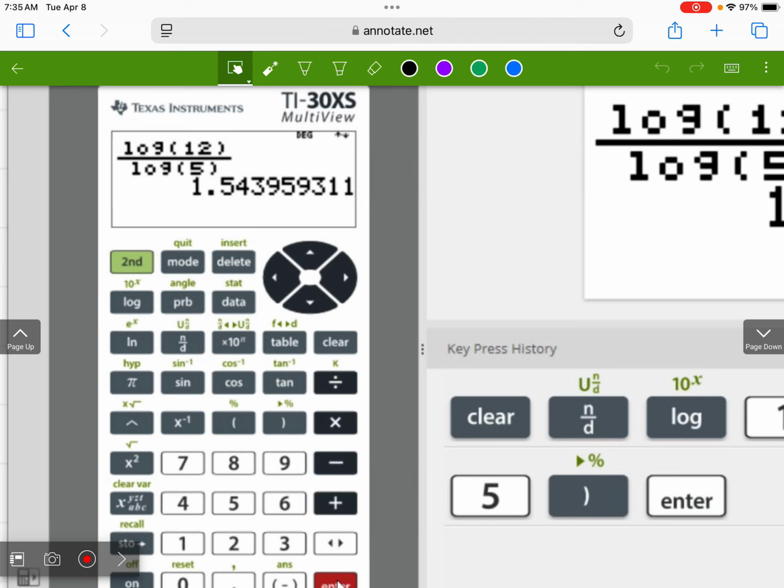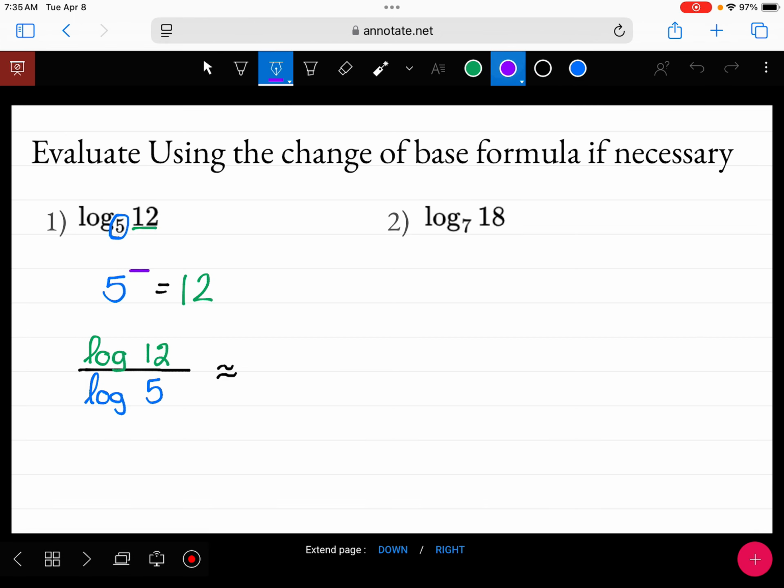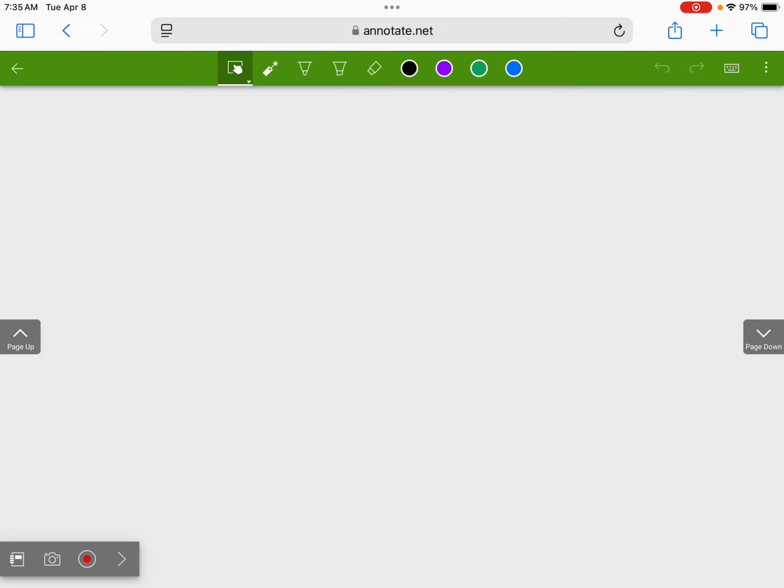We're going to take this to 2 decimal places, just because it'll get us close enough. So 1.54 would be our estimate here. If you want to test that, you can ask whether that is actually close.